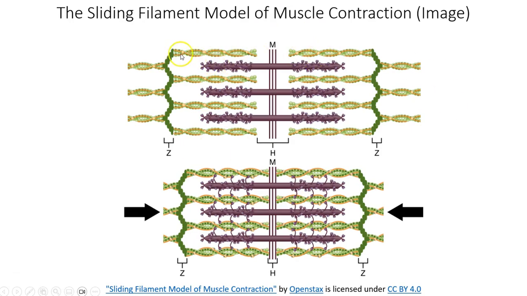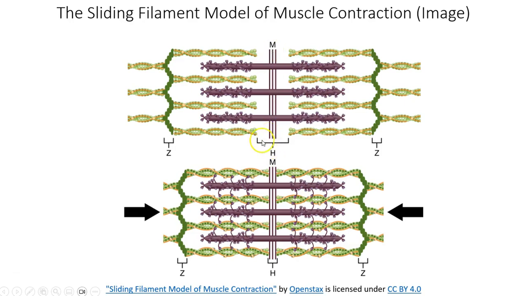So this is, again, our sarcomere model here. So we've got the thin actin filaments here in green with the troponin and tropomyosin proteins on them. We've got our thick myosin filaments here with the little myosin heads. And so what we're doing in this sliding filament model is ending up pulling these Z discs formed by the connection of actin filaments closer to that M line at the middle.